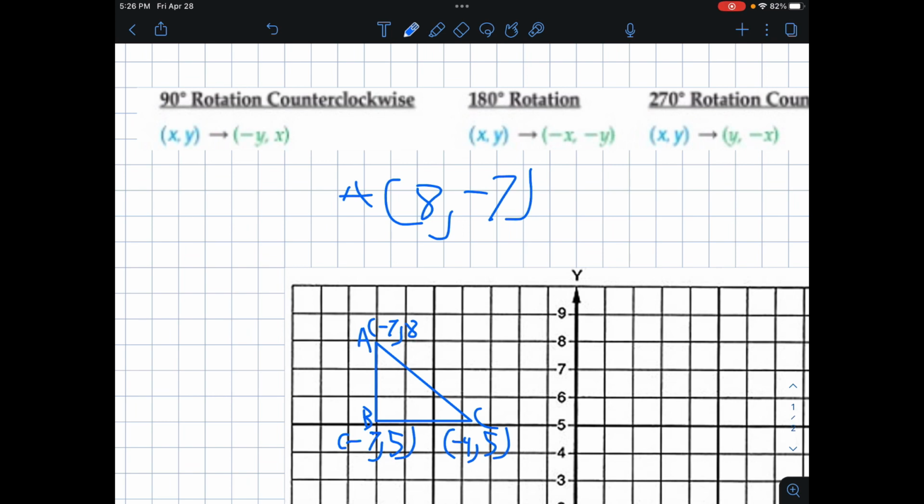And then what you're going to do is make your y negative. I'm just saying we swapped the places, so now this is that and this is that. So y is now 7, negative 7, and x is now negative 8, since we made 8 a negative. Sorry if this is getting confusing.